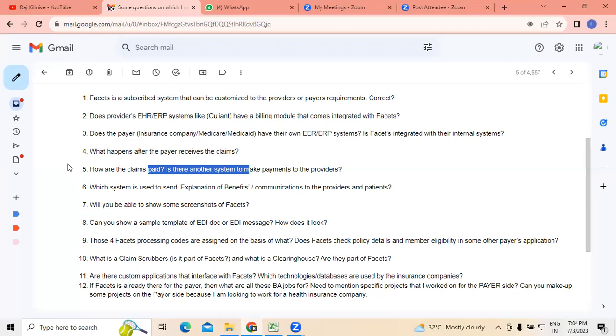Normally, what happens whenever a claim has been submitted, especially for organizations, usually the clearinghouse is where the payments will happen. That is what we generally call a clearinghouse. For example, we are working for an organization, right?